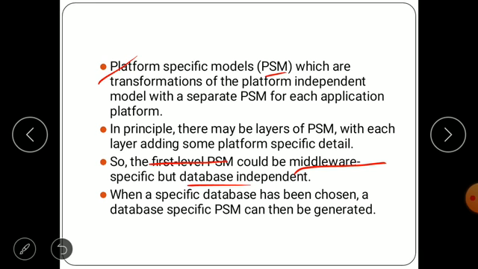When a specific database has been chosen, a database specific PSM can then be generated. For each database there will be a platform specific model.